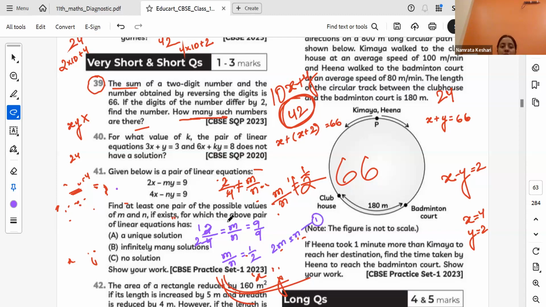And then you will compare the next two. This M by N is equal to 1 by 1, and you are getting M is equal to N, right? If you do substitution, let's check, are we able to find the M and N value?